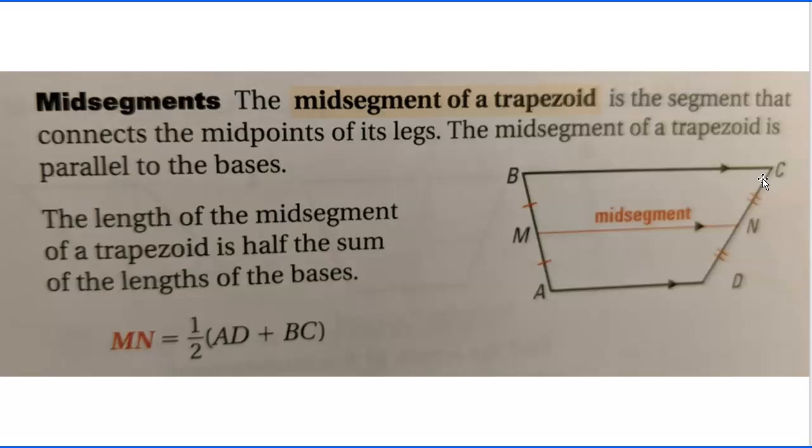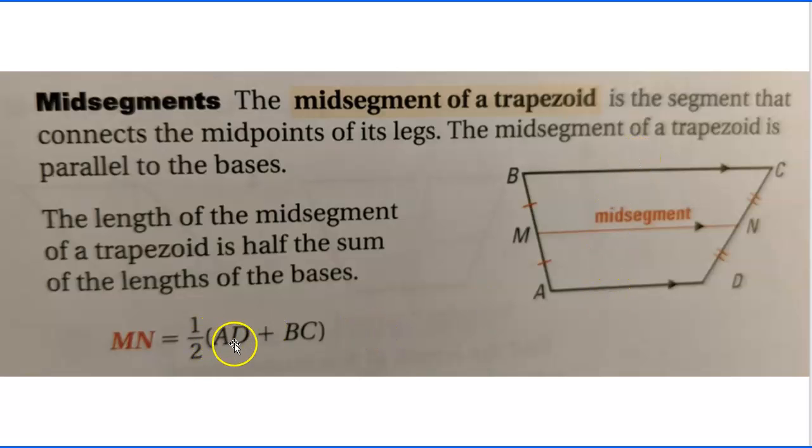Now, if we wanted to find out those measurements, we have a little formula that we can use. And so you see down here that MN equals 1/2 of AD plus BC. So if we knew that AD equaled 8 and this one equaled 10, we could add those together.